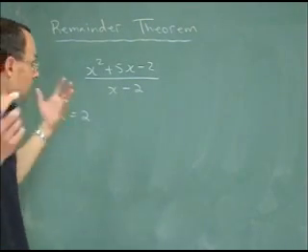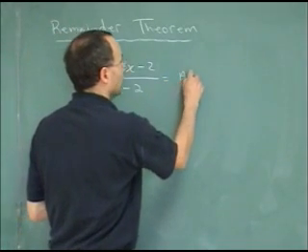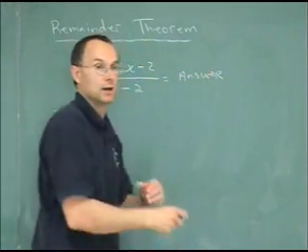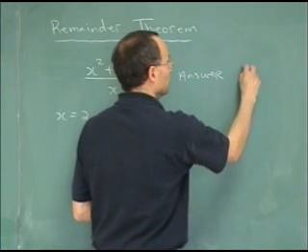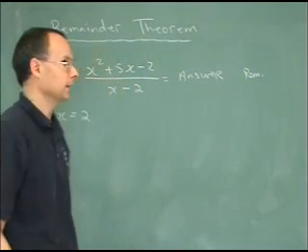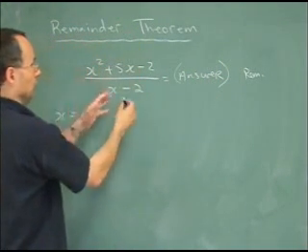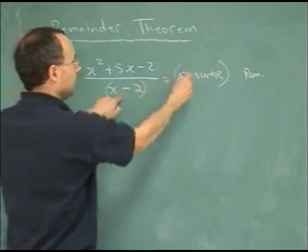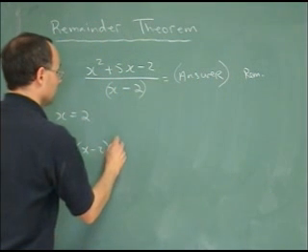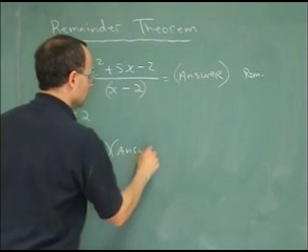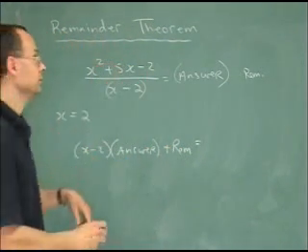Okay? And the reason it works is because you're going to get, of course, some kind of answer if you did your long division, an answer and a remainder. I'll just say REM there. And so if we wanted to, we could look at this and say, wow, this times the answer plus the remainder equals this polynomial.